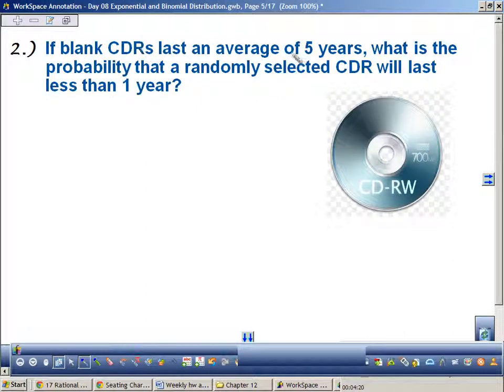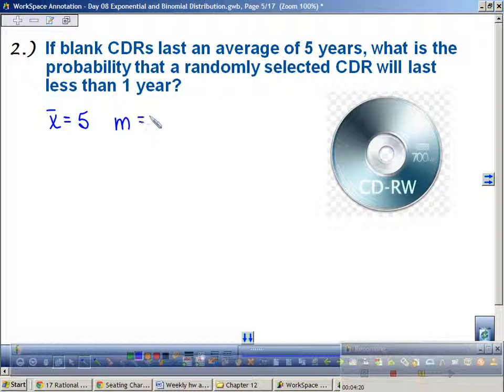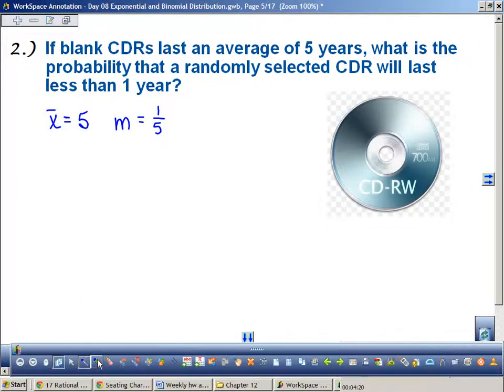So if blank CDRs last an average of 5 years, so my average is how much? 5 years. So what would be my multiplicative inverse? 1/5. What is the probability that a randomly selected CDR will last less than a year? What do we normally do when we find something that's less? Subtract.